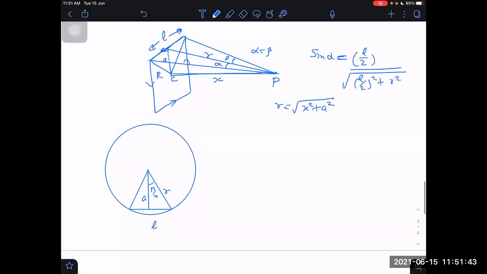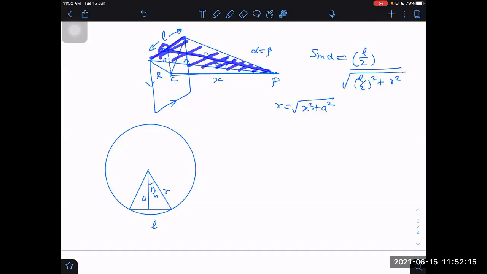Sine alpha is equal to sine beta. Next, what is the value of the field? Direction of the field also. The direction of the field will be perpendicular to this plane. You observe this plane here, the triangular plane formed by joining P with the side.